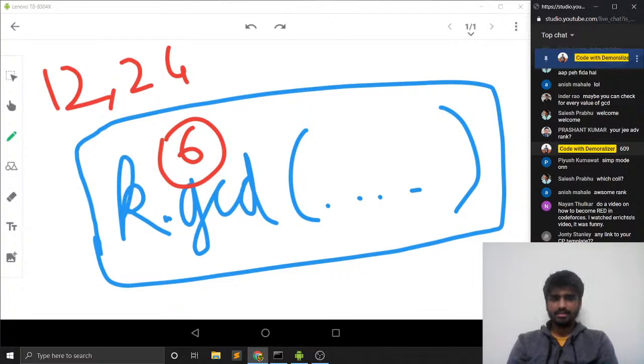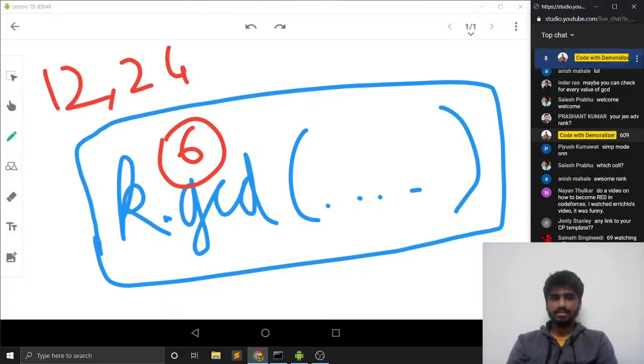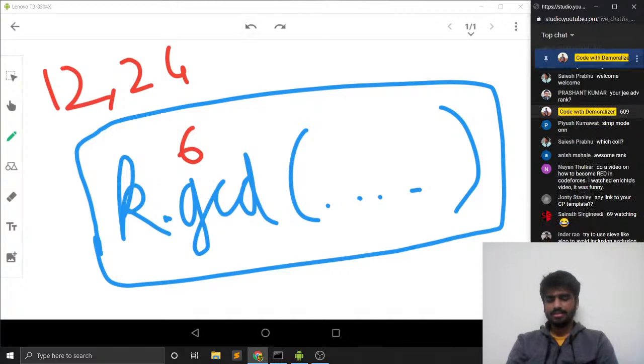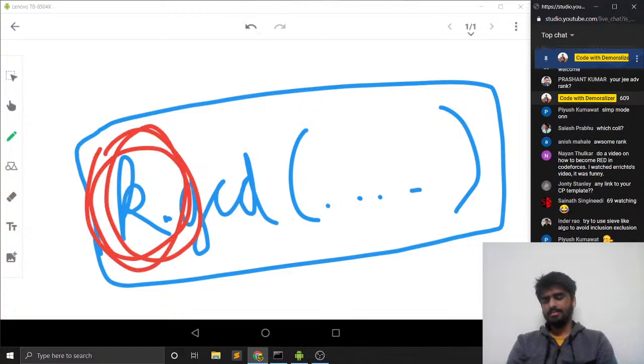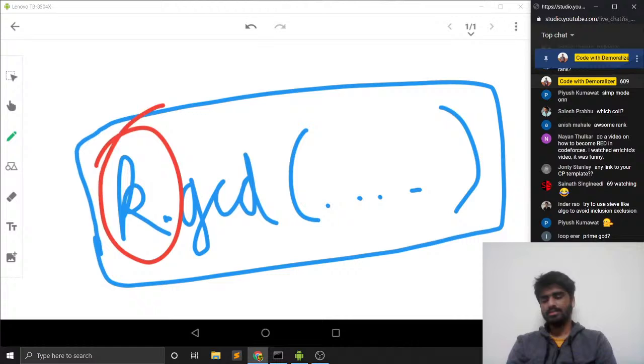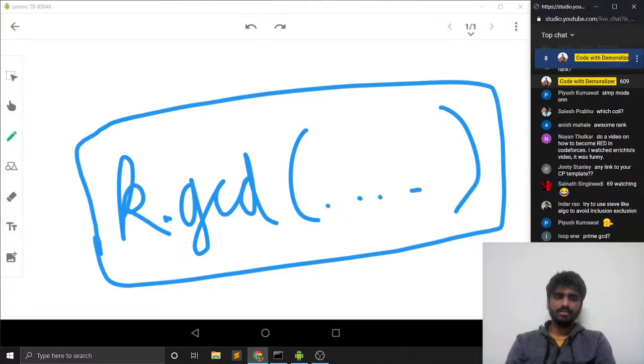Yes, I think you're right. I will have to do the inclusion exclusion kind of thing. But the problem here is the k, because I need the length of the subsequence too.